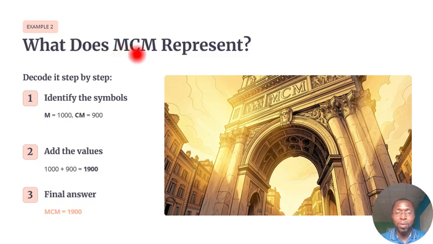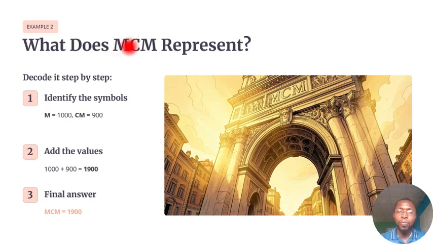So now we have MCM. M represents 1000, C represents 100, and M represents 1000 again. So the first thing to take note of is the lesser value here, which is C, 100. You have to consider the letter in front of it before the one behind it.